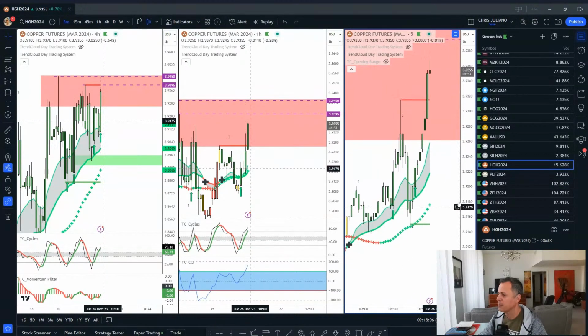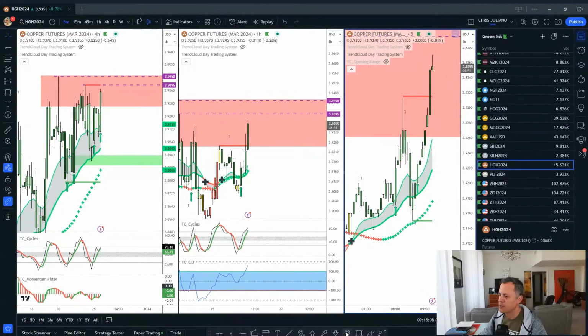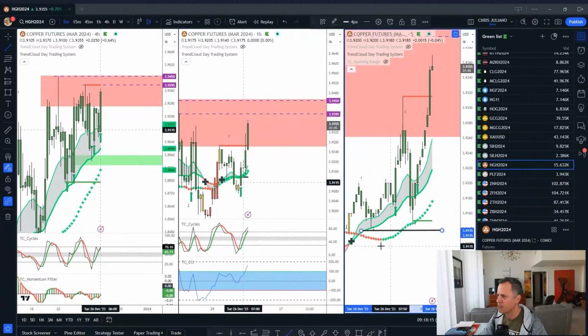Pulls back, right? Sorry, guys. Stop loss would be at the bottom of the swing, and for copper, that's a very big stop loss level.